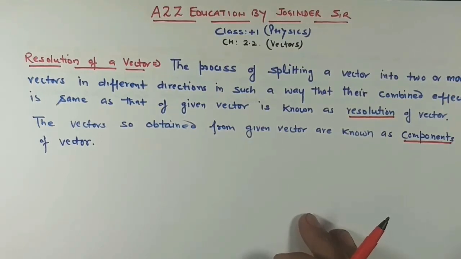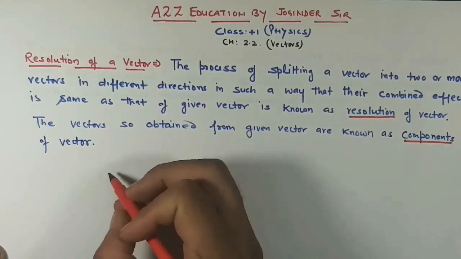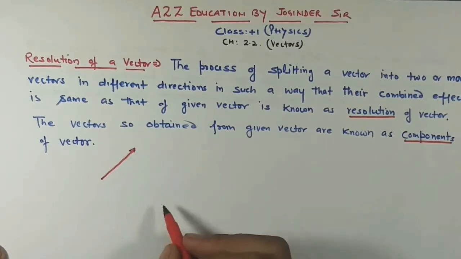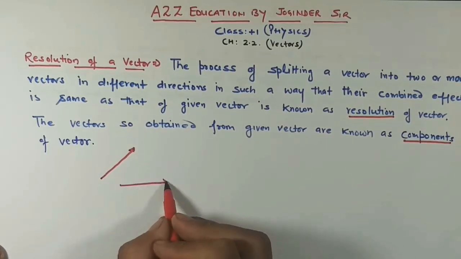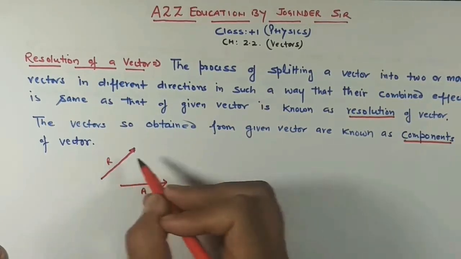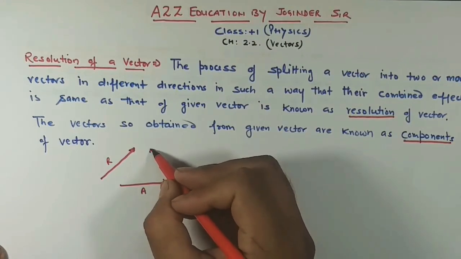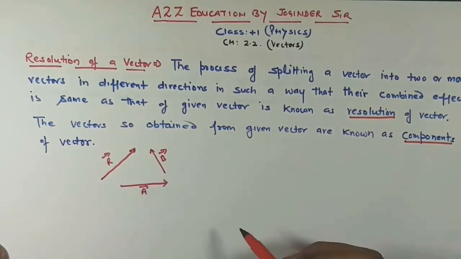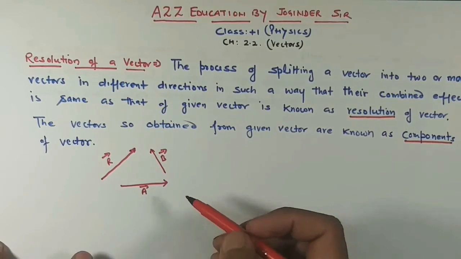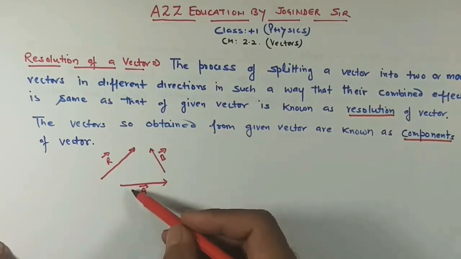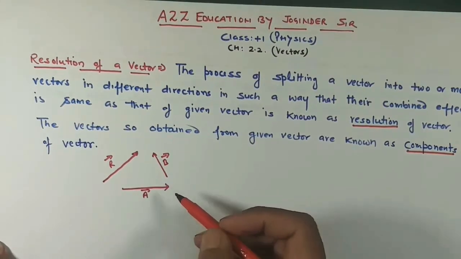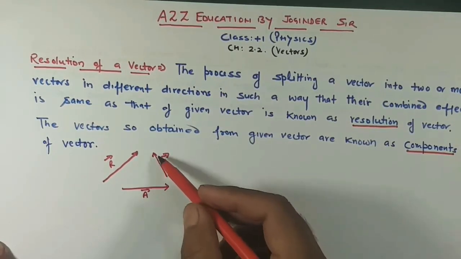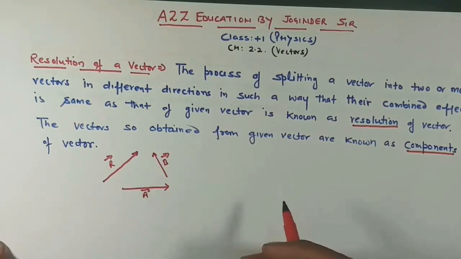तो इसको समझते हैं ये क्या होता है। Suppose we have a vector R, one vector is vector A, this is vector R, and one vector is vector B. So the problem is we have to split this vector R into vector A and B, in which the first component has the direction equal to that of vector A and second component has the direction equal to that of B. Clear?